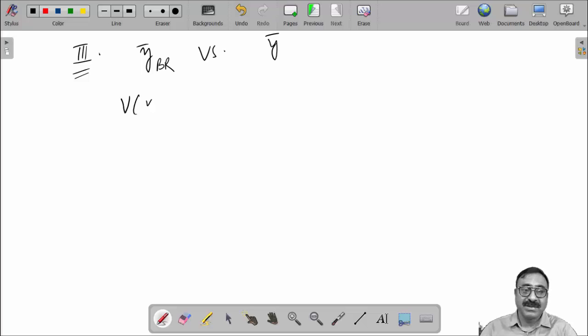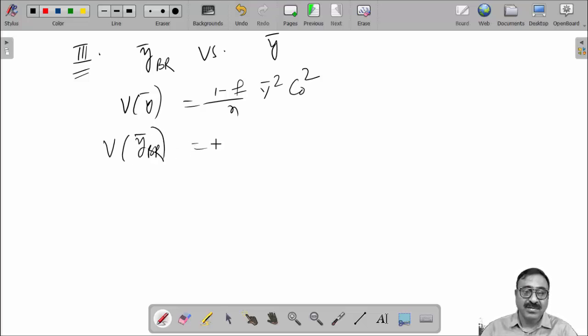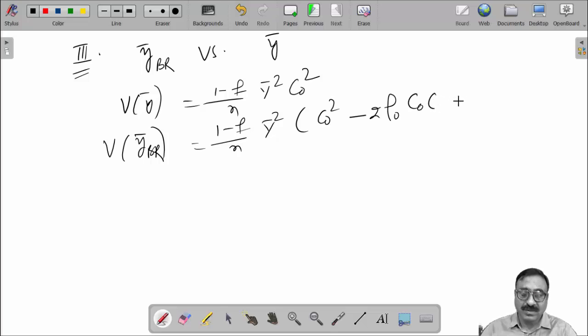The variance of the simple mean estimator is equal to (1 minus f by n) Y bar square C0 square, and the variance of the bivariate ratio estimator is equal to (1 minus f by n) Y bar square [C0 square minus 2 rho 0 C0 C plus C square by 2 (1 plus rho)].